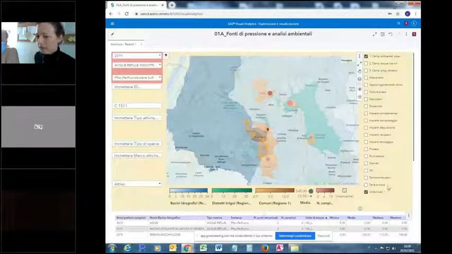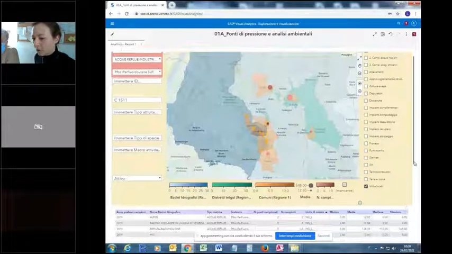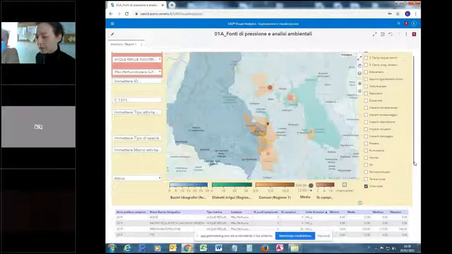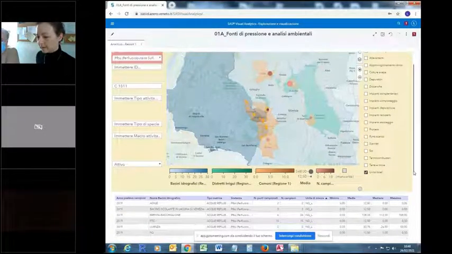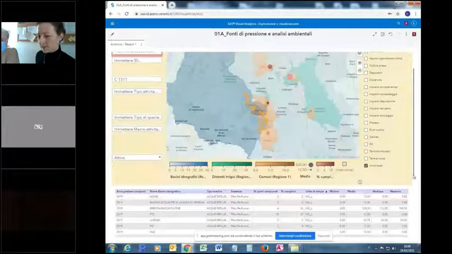The dimension of the dot is proportional to the median of results, while the intensity of red color is proportional to the number of samples. And you can see also the data summarized in the tables below the map.